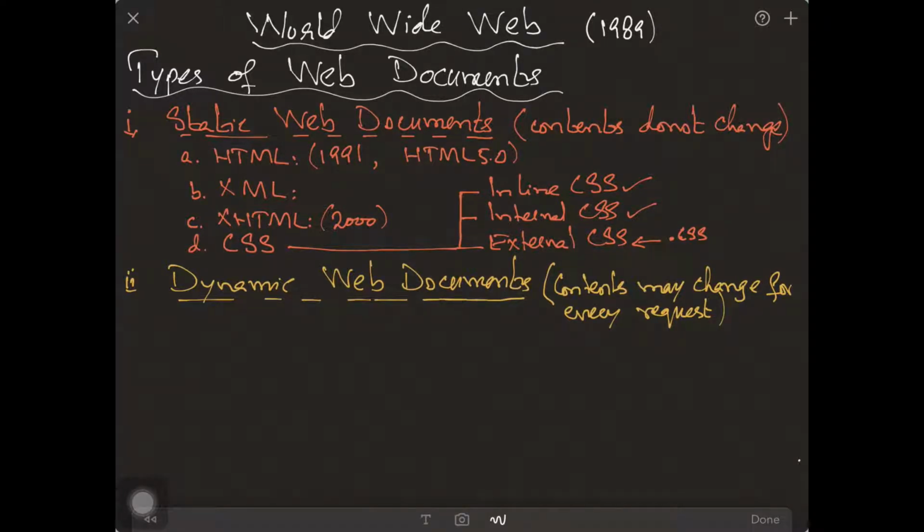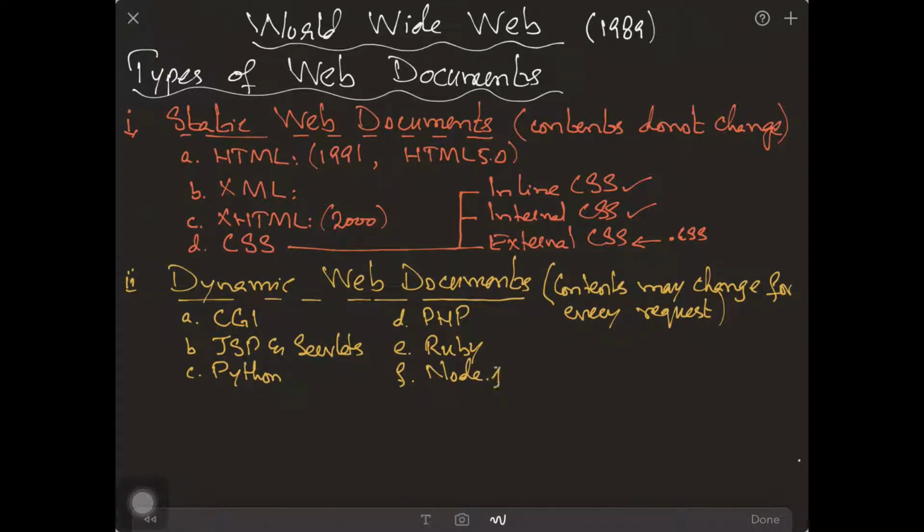There are a bundle of programming and scripting languages that perform this task, and some of them are CGI, Common Gateway Interface, the Sun JSP and servlets, Python, PHP, Ruby, Node.js. Node.js is basically a JavaScript runtime environment for executing JavaScript code on the server side.